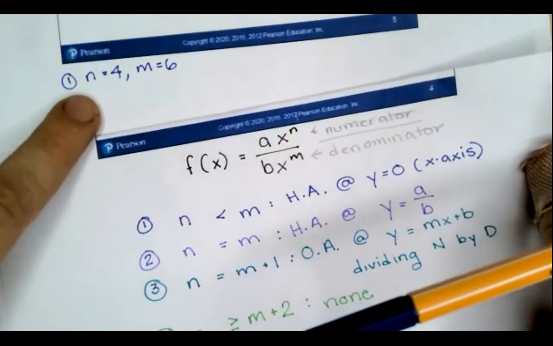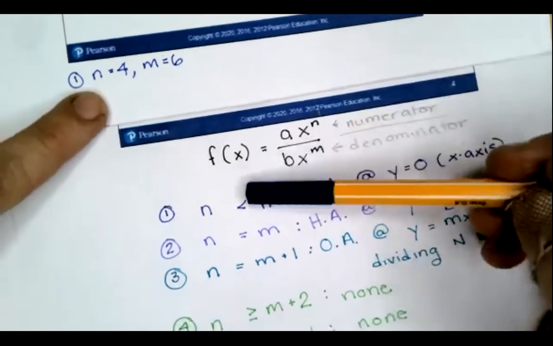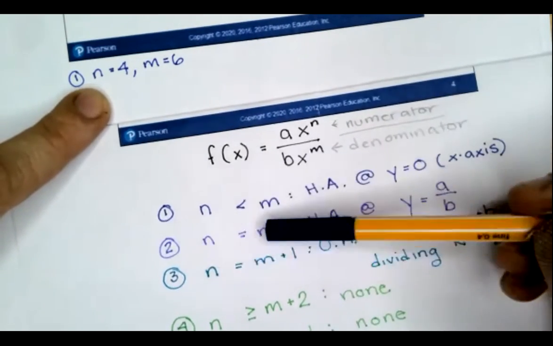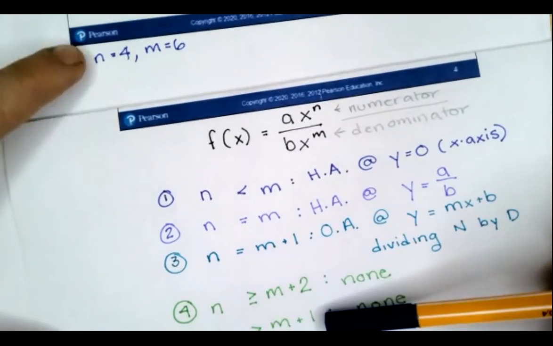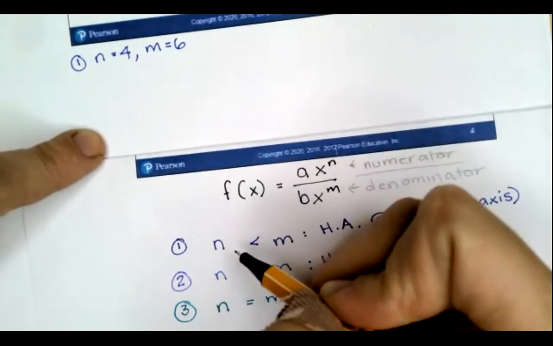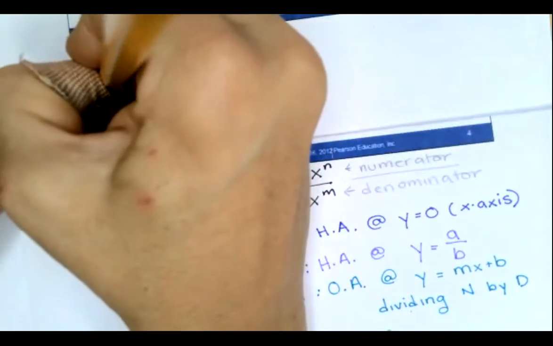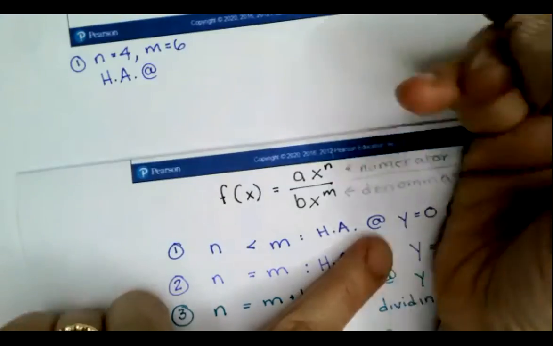Good. n is equal to 4 and m is equal to 6. Is n less than m, is 4 equal to 6, is 4 equal to 6 plus 1, or is 4 greater than 6 plus 1? 4 is less than 6, right? So we have a horizontal asymptote at y equals 0.